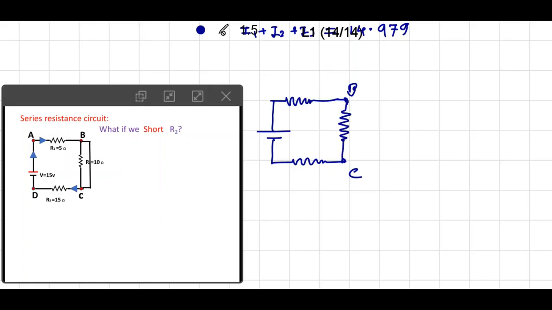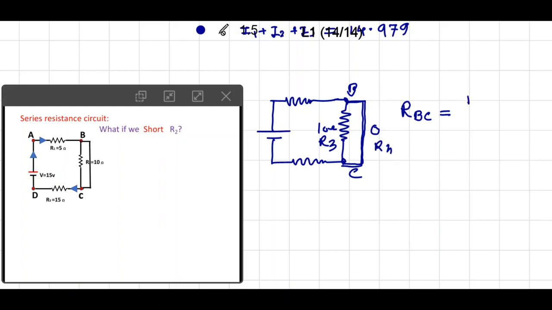So if I connect another wire from point B to C, what will happen? Remember that, as shown in the figure, the value of this resistance is 10 ohm. But when we connect this wire, it is a good conducting wire and its resistance is 0. So obviously the resistance between B and C is now a combination of R3 and this 0 ohm, let us consider it R4.